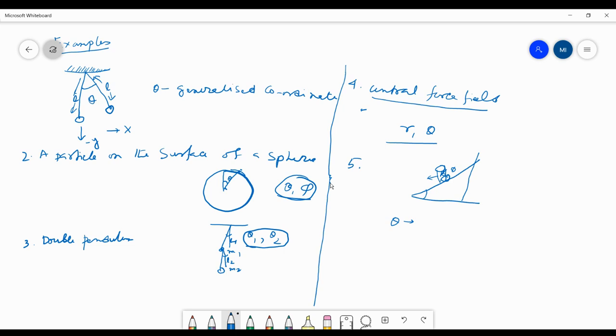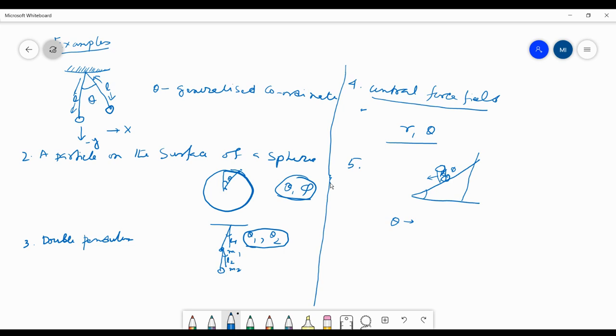Again I repeat, the generalized coordinates are the minimum number of independent coordinates by which a system can be defined completely. So two things are important.